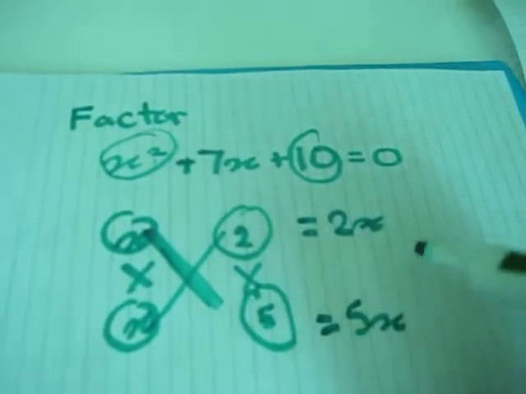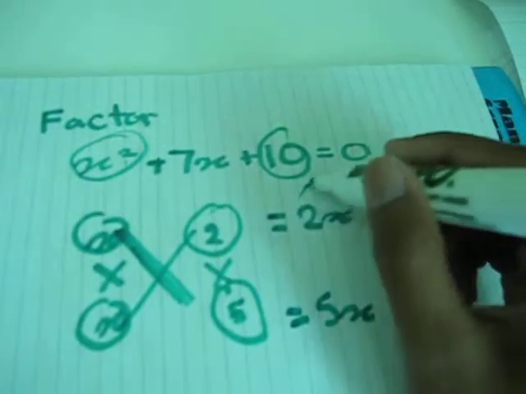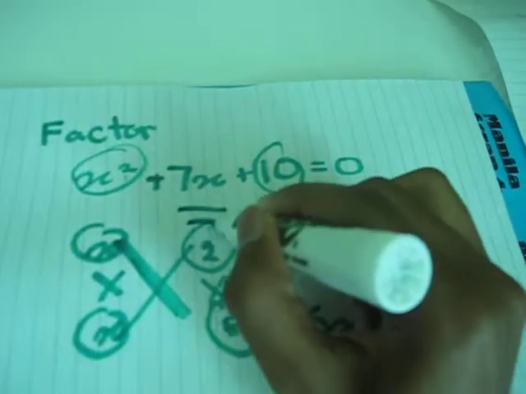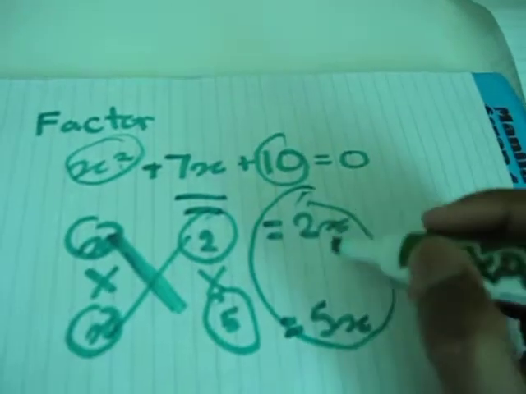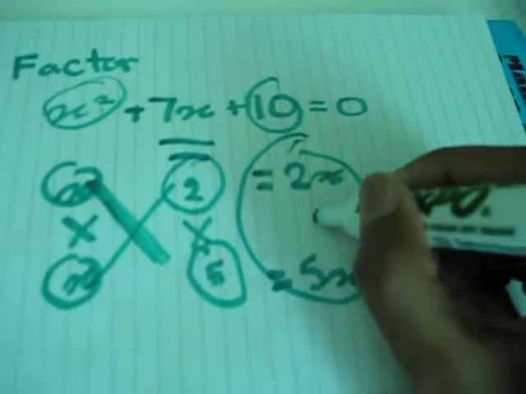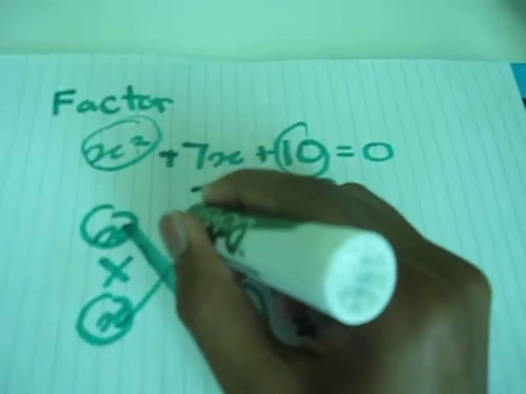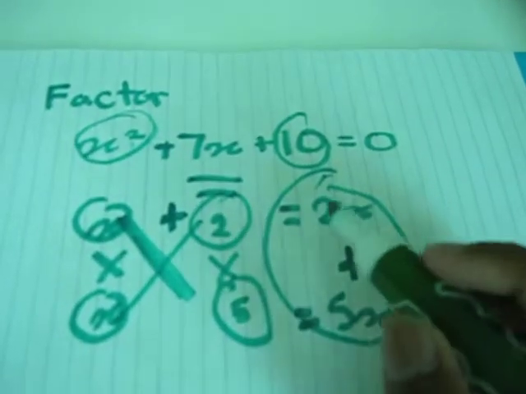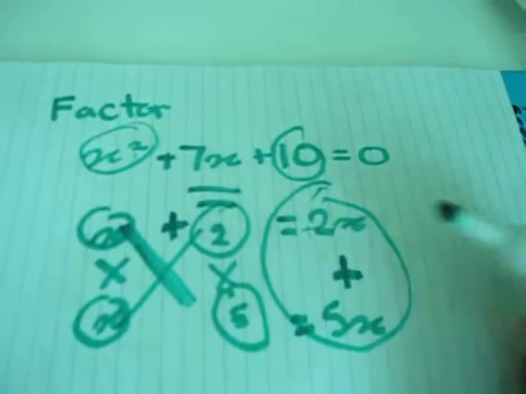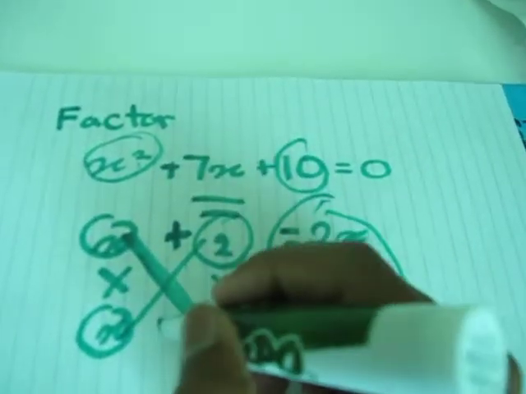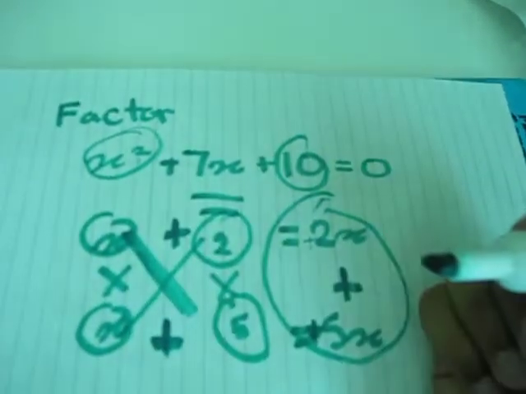And now we need to find a way to get these two products to equal the middle number, 7x. So we know by looking at these two products that if we add them, we can get 7x. So we do a plus over here because we're going to add plus 2x, and we're going to add plus 5x. So a plus at the top and a plus at the bottom.